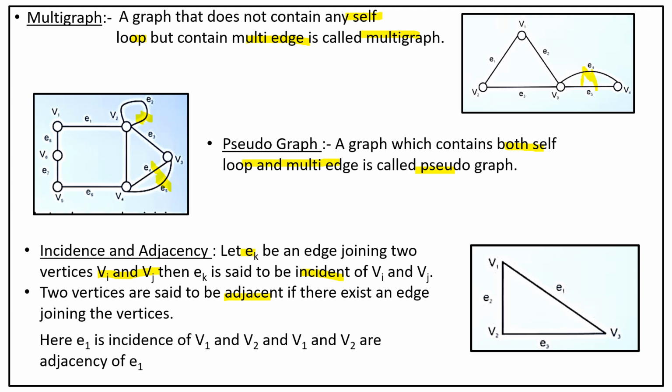So E1 is incident on V1 and V3, and V1 and V3 are called adjacent vertices of this edge E1. Similarly, V2 and V3 are adjacent vertices of this edge E3, and E3 is incident on V2 and V3. Same goes for E2. E2 is incident on V1 and V2, and the vertices V1 and V2 are adjacent vertices of the edge E2.